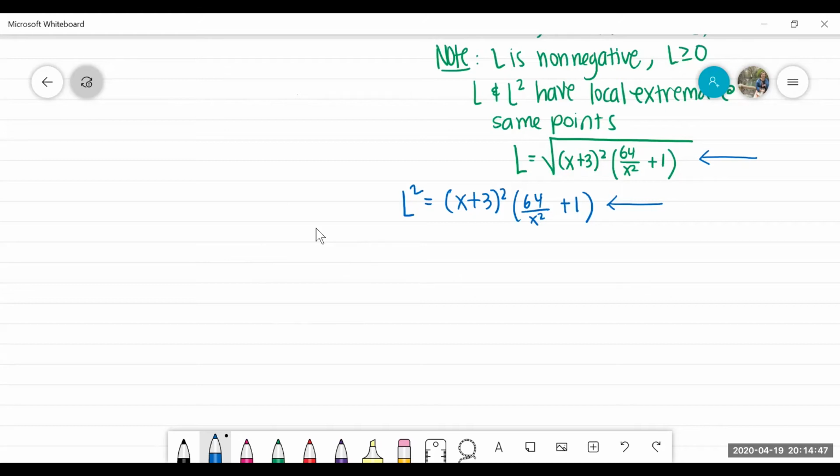So one way we can write this, because the notation gets kind of weird, is d/dx of (x + 3) squared times (64 over x squared plus 1). And then what's its derivative? Well, we've got a lot of rules to apply here, right? So first we have product rule. So let me make a note of that.